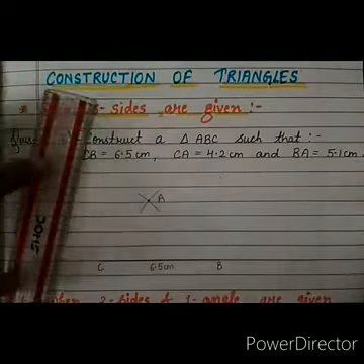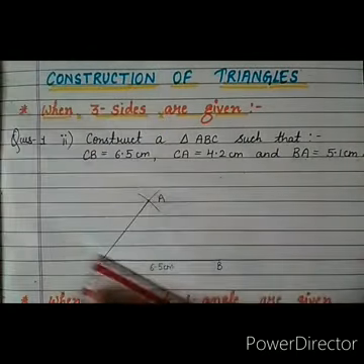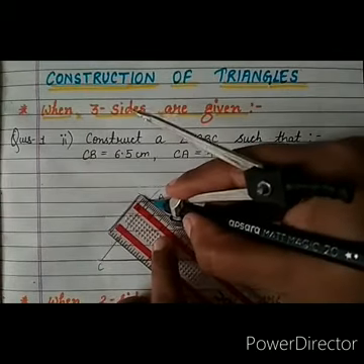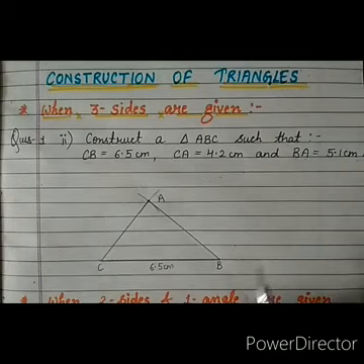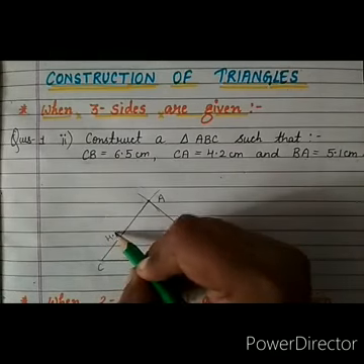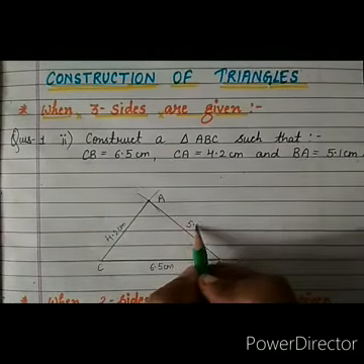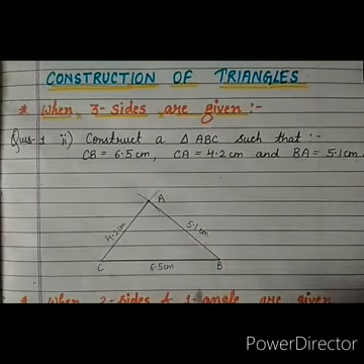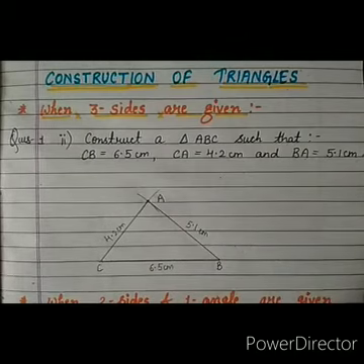Now, we have to join A with C and A with B. In this way, we have three sides of the triangle where AC is 4.2 centimeter and AB is 5.1 centimeter, and this is the required triangle ABC.